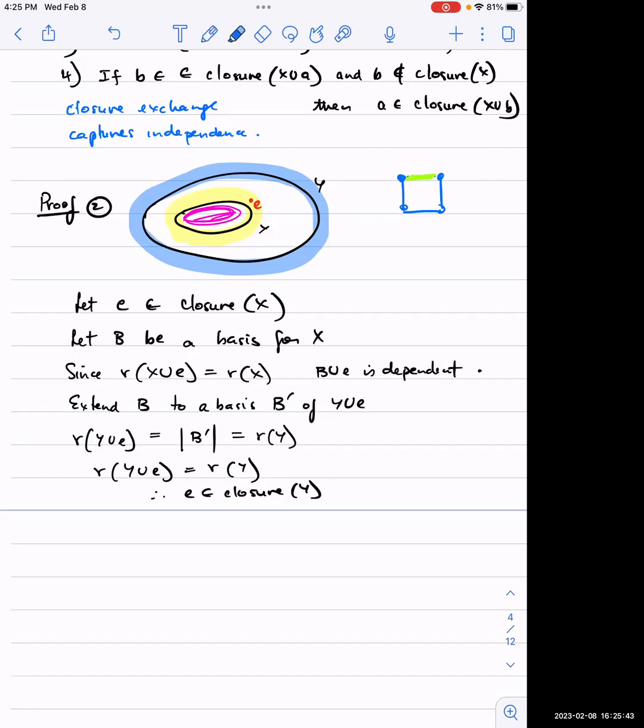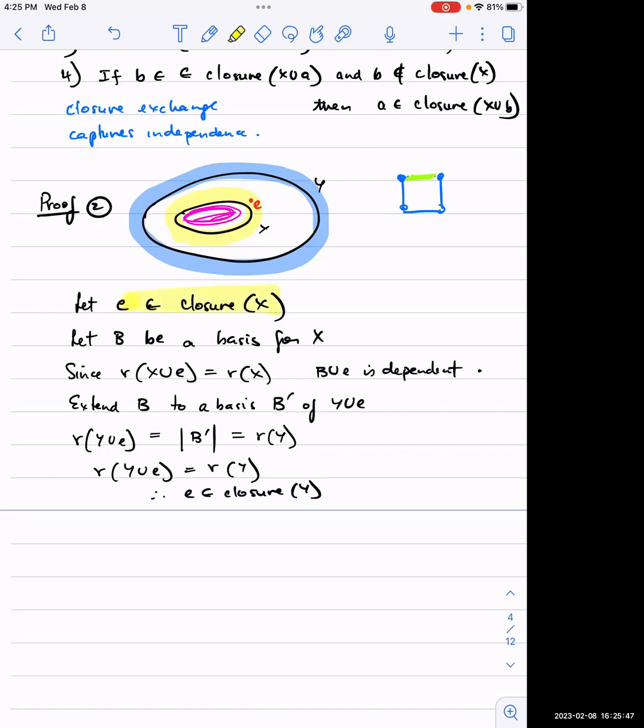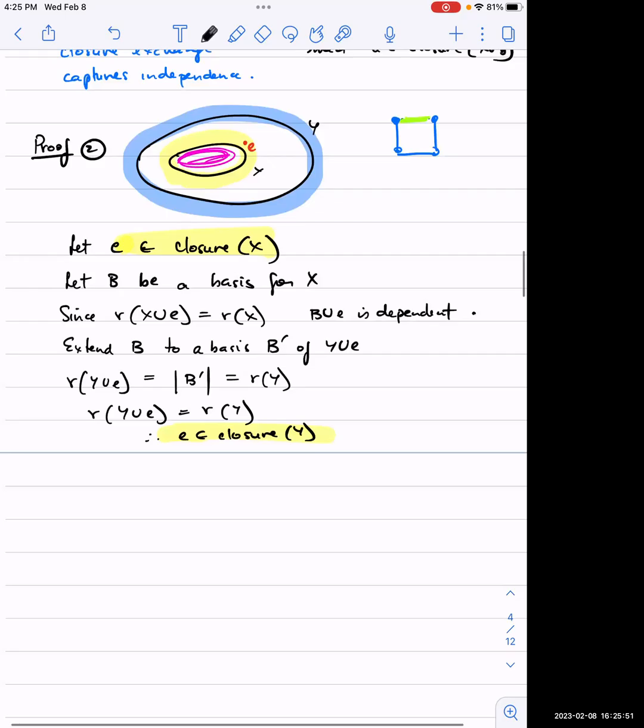So this is sort of the flavor of the proofs. If we were being very particular about proofs, this would be the flavor of the proofs.